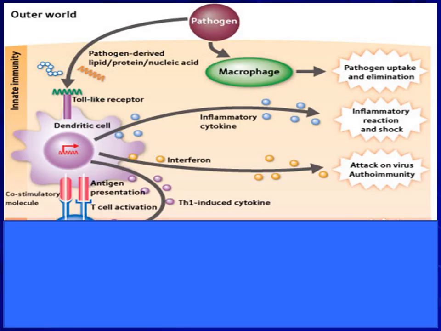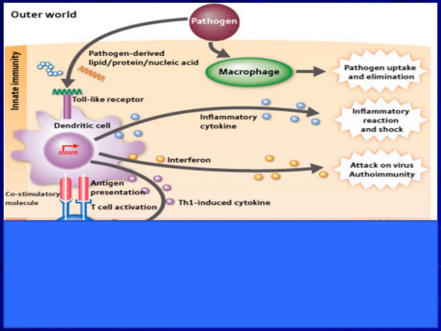Yes, there is a big correlation or interaction between the innate immunity and the acquired immunity. The cells which are important for the innate immunity also participate in acquired immunity. First of all, we'll see the innate immunity.